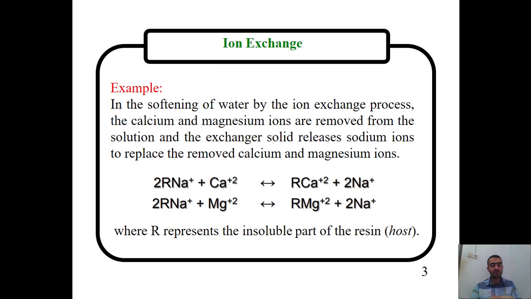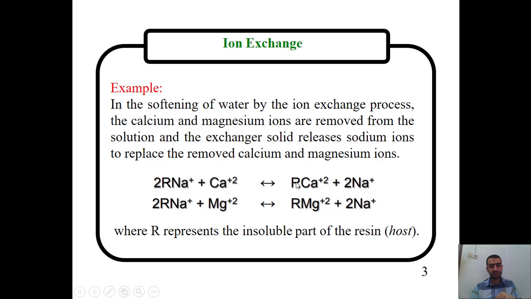For example, when we soften water using the ion exchange process, we want to remove calcium and magnesium from the solution. The exchanger solid releases sodium ions, and they replace the removed calcium and magnesium ions. As we can see here, we have 2RNa plus Ca, which is exchanged to give R2Ca and 2Na.